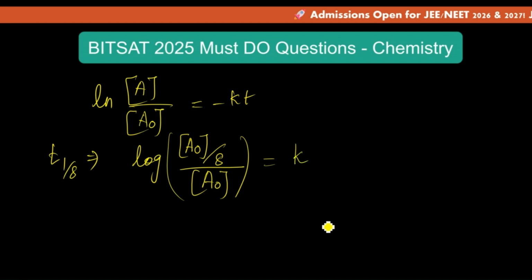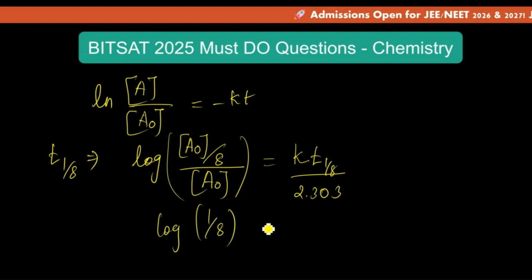Which is equal to K t 1 by 8 by 2.303. So by substituting the values, A naught will get cancelled out. So remaining I'll be having log 1 by 8 on one side and Kt on the other. So log 1 by 8 value will be minus 0.9.